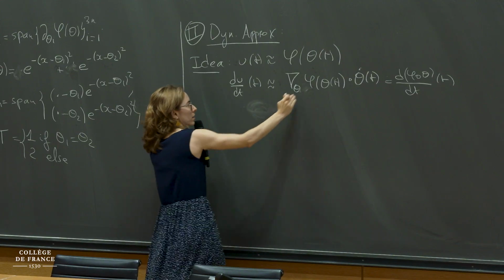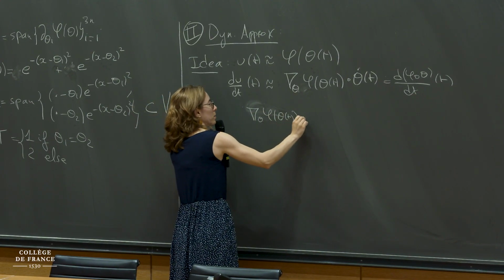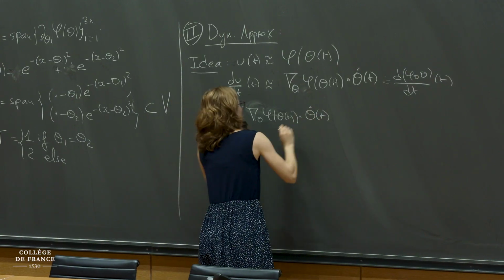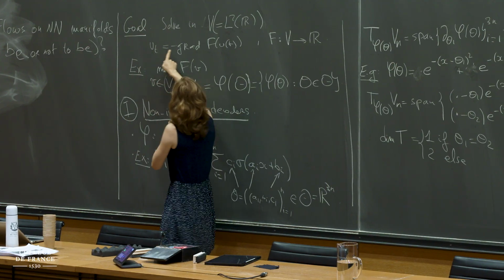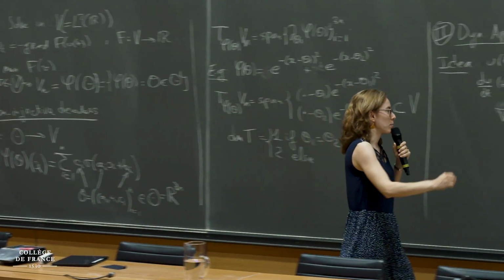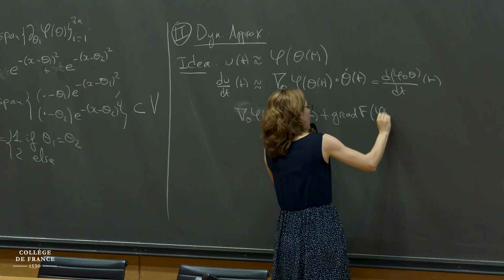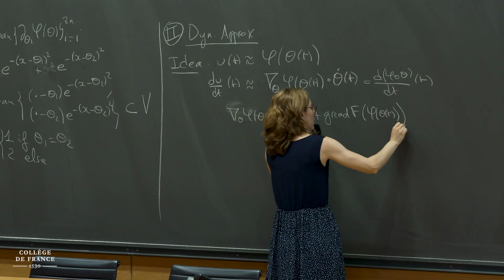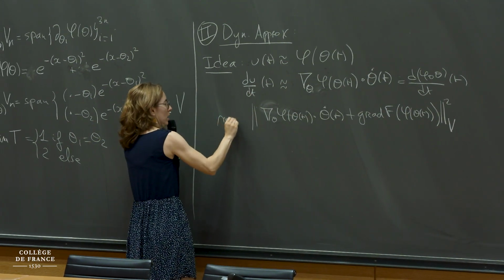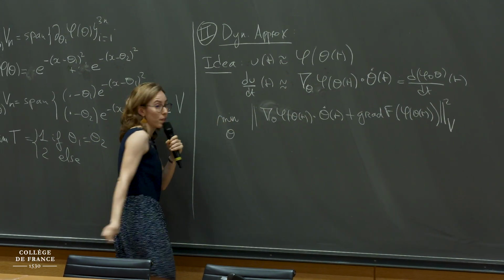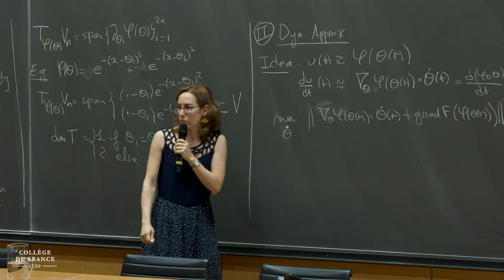well, let me write it in this form. I want that this guy, which is the velocity that I can compute, is close to the exact time derivative, which is this one, which is minus the gradient. So I'm going to assemble a residual here, which is saying plus the gradient of f applied to phi of t in the v norm, and I have to minimize over theta dot for every time.